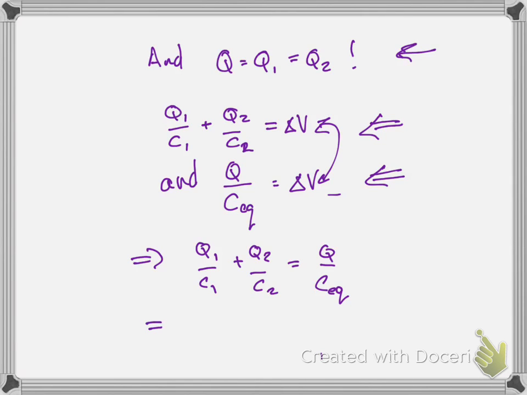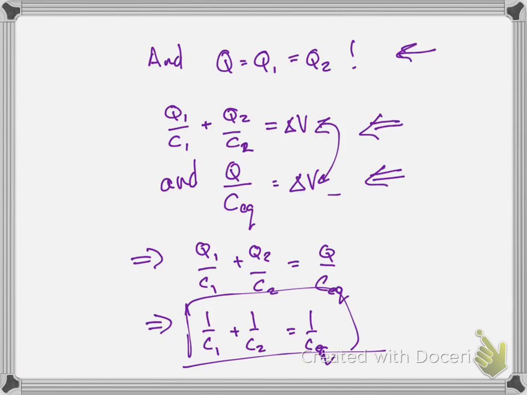And since all the Q's are the same, 1 over C1 plus 1 over C2 equals 1 over C equivalent. That is the important key to series capacitances: series capacitances add as the inverses. Remember, we've seen this before for resistors in parallel, but series capacitances add as the inverses.